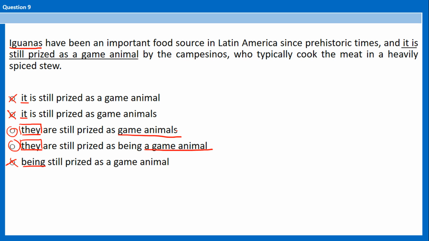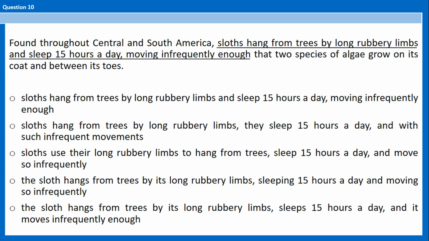That's called noun agreement. Since iguanas is a plural word, I cannot say a animal or a game animal. That's singular. So we keep the third one. Eliminate number 4. Good. Question 10.